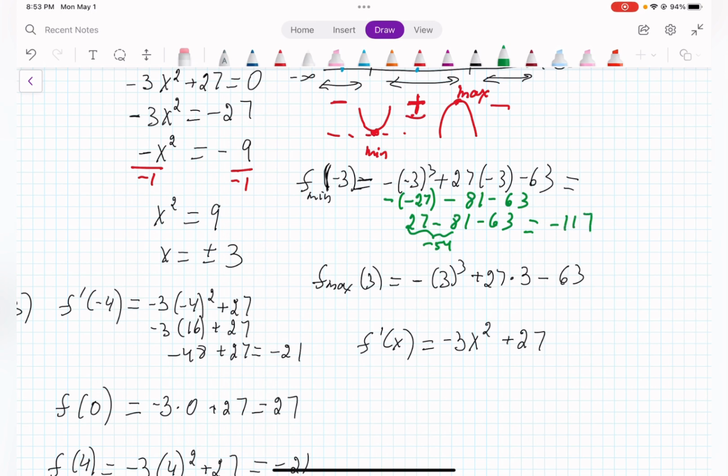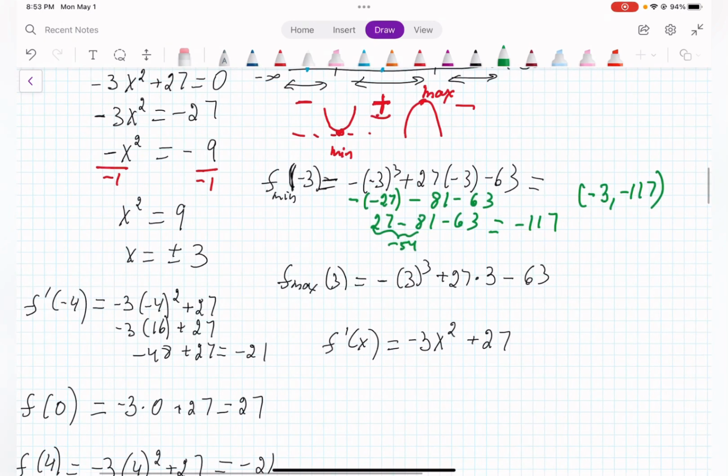So for negative 3, for our minimum, it's going to be negative 3, negative 117. Now let's say for our maximum, how much is it going to be? It's going to be negative 27, 3 cubed, 3 times 3 times 3, and then plus 81 and minus 63.